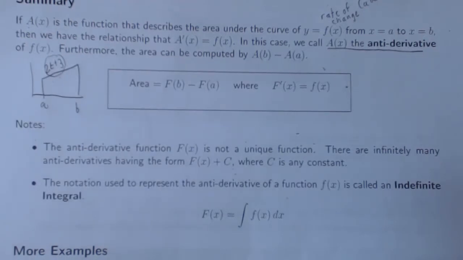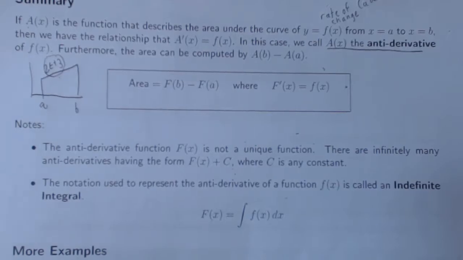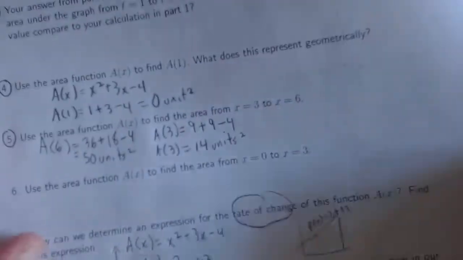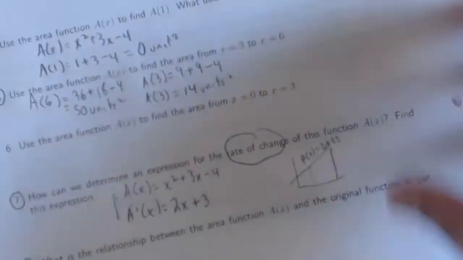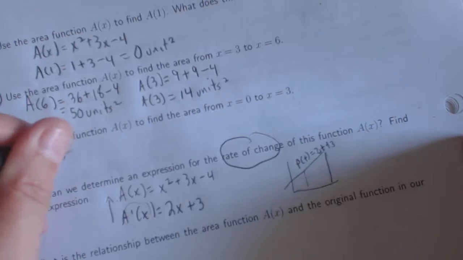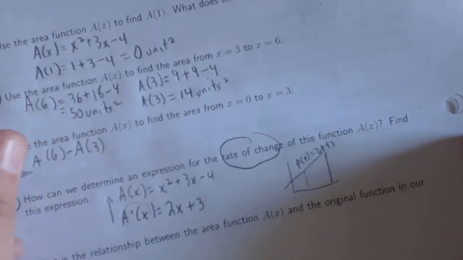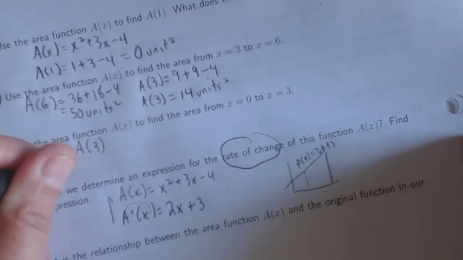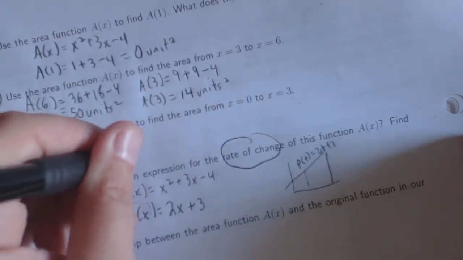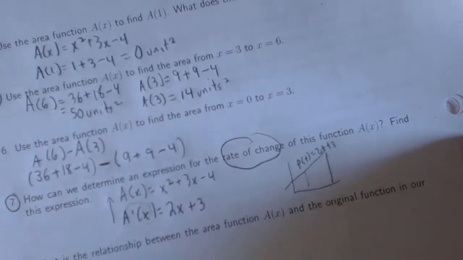We skipped a little bit, but it turns out that if we had done this together instead of separate right here, if I had done A of 6 minus A of 3, just watch what happens really quick. A of 6 is 36 plus 18 minus 4 minus 9 plus 9 minus 4.